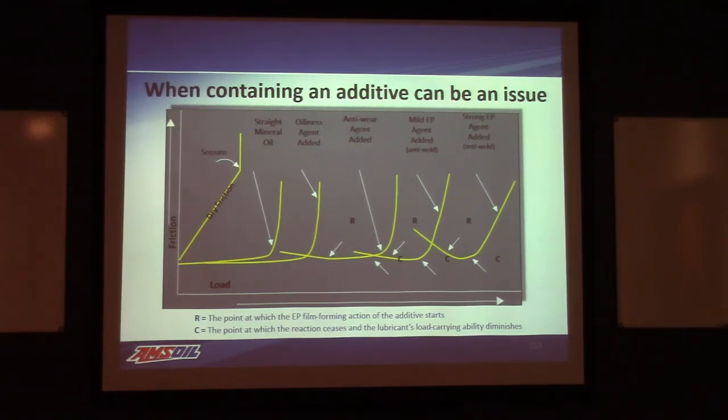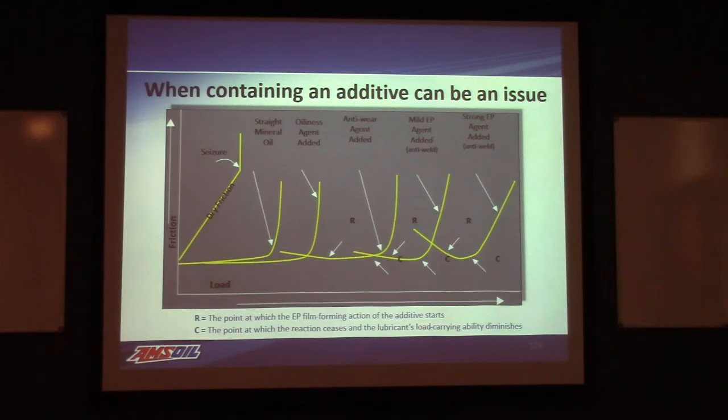Matter of fact, when you take a look at strong EP additives, for example, and that is the one here on the far right, you can see that, yes, if the loads are sufficient, it can minimize friction. If that degree of load doesn't exist, if it's lighter than that, it actually causes more internal resistance and restriction and friction within the oil.